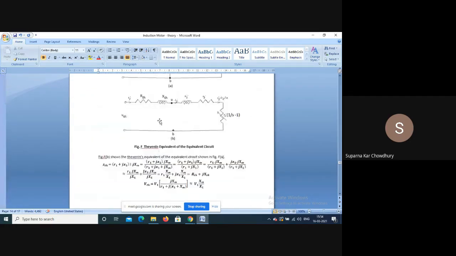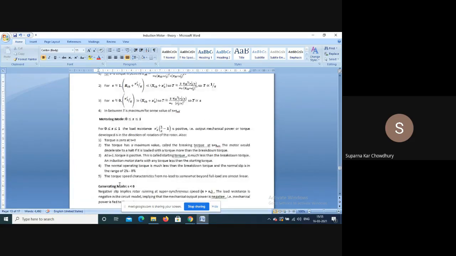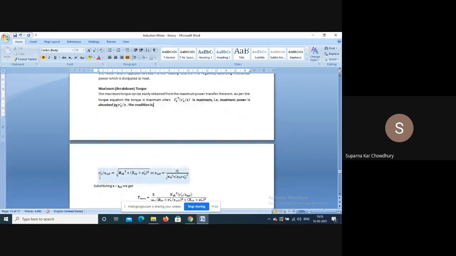That is, this torque will be proportional to the power dissipated across this total resistance. So this total resistance equals the internal impedance, that is R Thevenin plus jX Thevenin plus jX2 dash. Equating the magnitude, it will be R2 dash by SMT equals root over R Thevenin square plus X Thevenin plus X2 dash square.